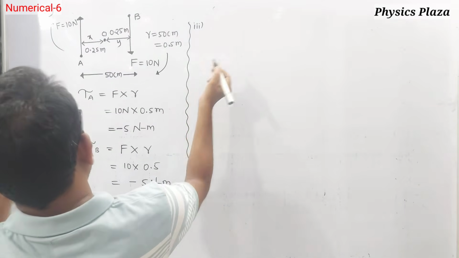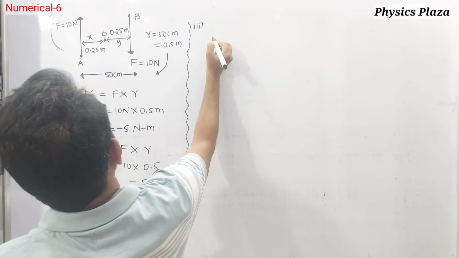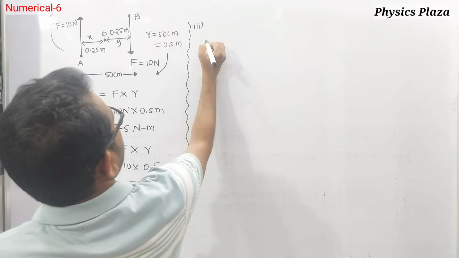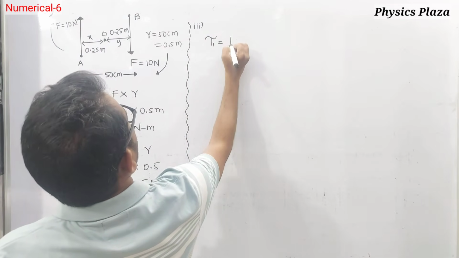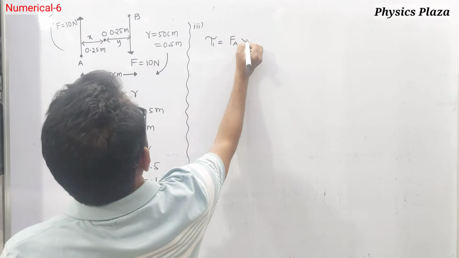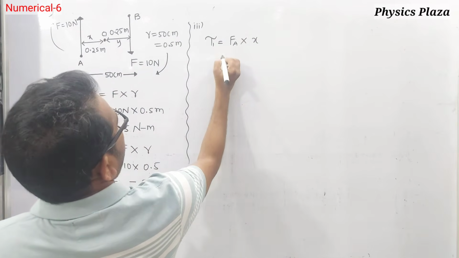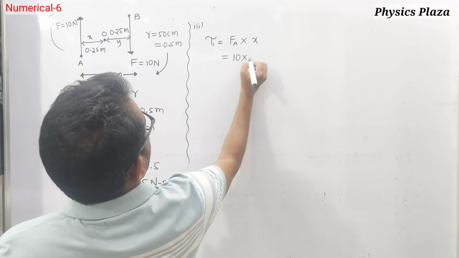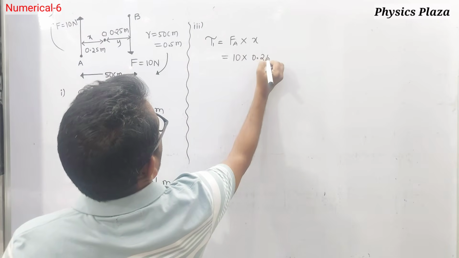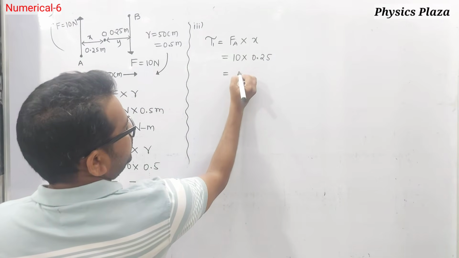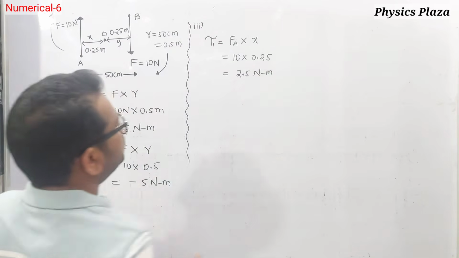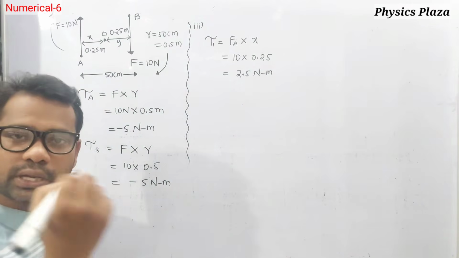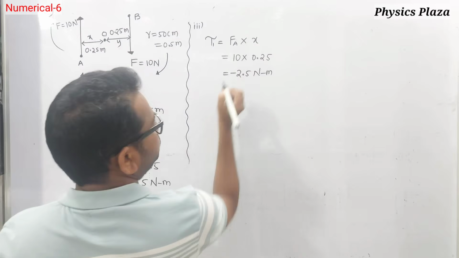Now the moment of force about O, let us say tau1, is equal to the force acting at point A into x. So this is going to be 10 into 0.25, children. You will get 2.5 Newton meter. If you notice, the force acting at point A will produce a clockwise moment, so it is going to be negative.